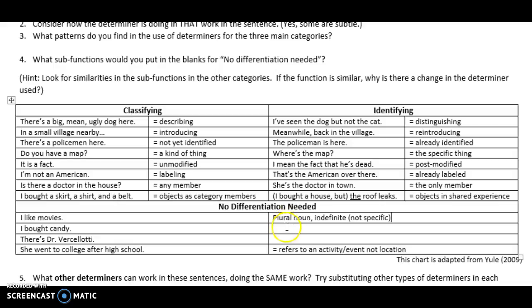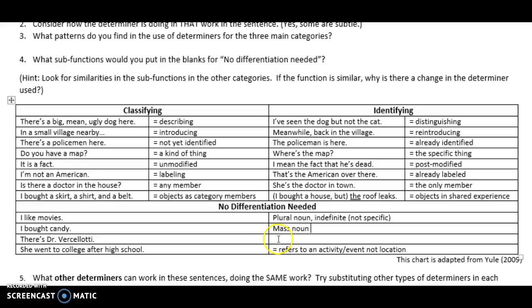But if I just said I bought candy, we don't use an article there because it's a mass noun, and although we can use an article, we often don't with mass nouns, especially if it's unspecified.